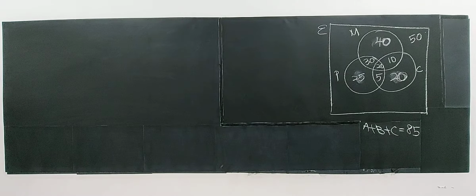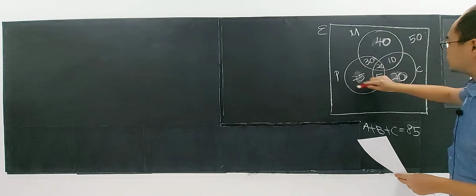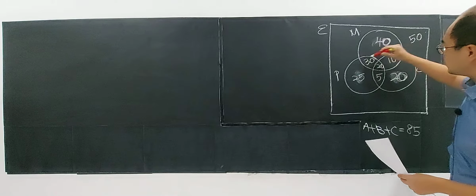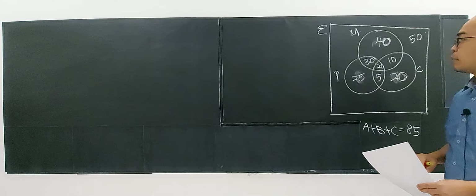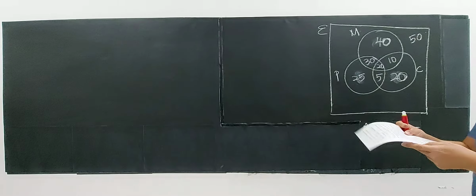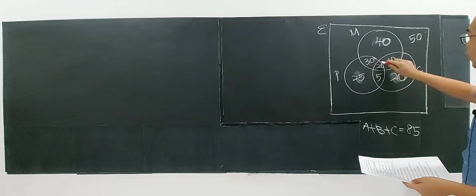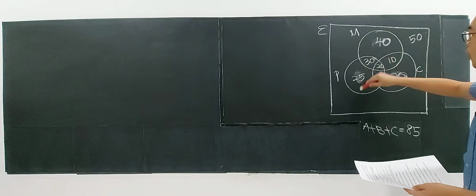If you say intersection, that means score grade A in mathematics and physics, which is this region, 30 plus 20, so it's 50. But when they say score in mathematics or physics, this is the region here, all the numbers that you should add up. Union: mathematics or physics.